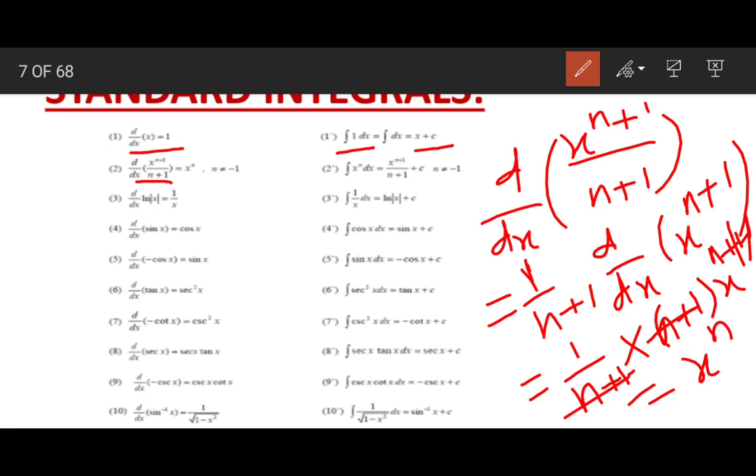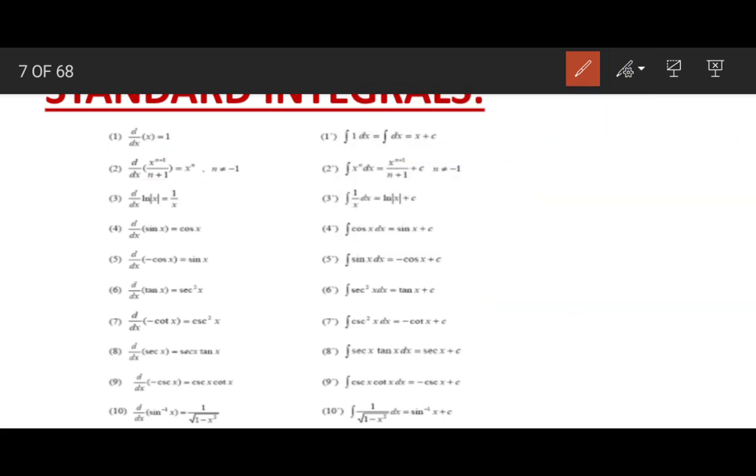So derivative of x raised to n plus 1 upon n plus 1 is only x raised to n, and hence integral of x raised to n is x raised to n plus 1 upon n plus 1 plus c. Then next formula, we know that derivative of log x is 1 upon x, and hence integral of 1 upon x is log x plus c.